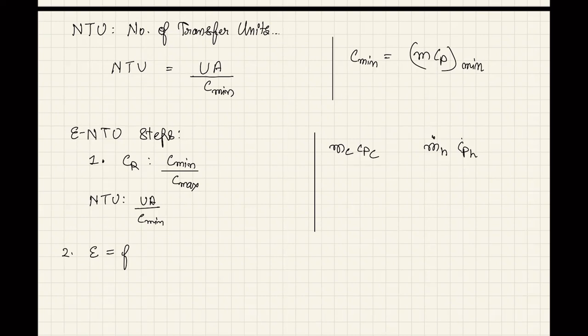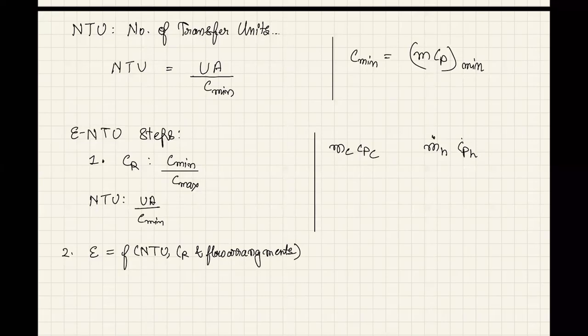So epsilon is a function of NTU, CR, and flow arrangements. Because I had already showed you what happens when we have a counter flow arrangement and a parallel flow arrangement, how the area changes and things like that.